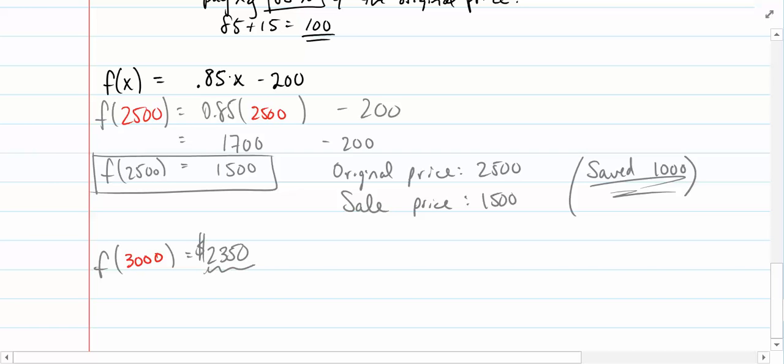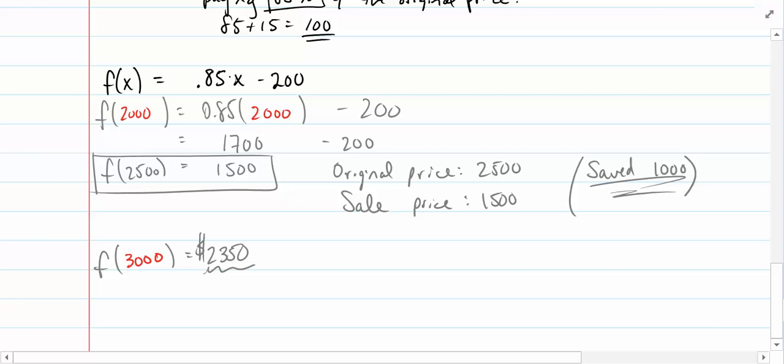So what was originally $3,000 is now only going to cost $2,350. Now, I did just recognize something here. I made a mistake with my calculation. When I was working with the calculator, I only entered $2,000 as my price. So let me correct that here. Actually calculated this function at 2,000 originally.